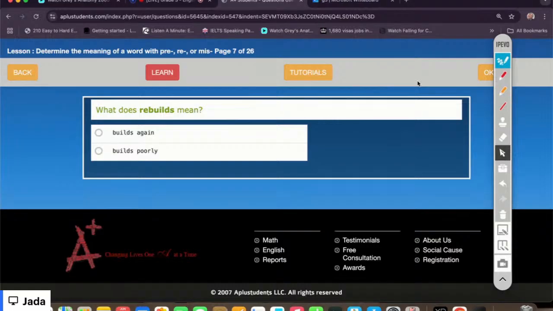And then what does rebuild mean? Build again or build poorly?